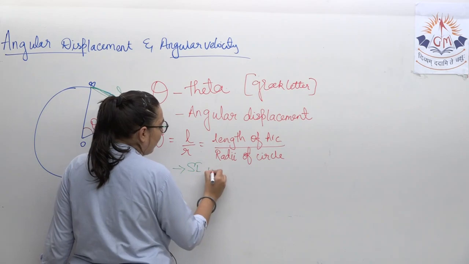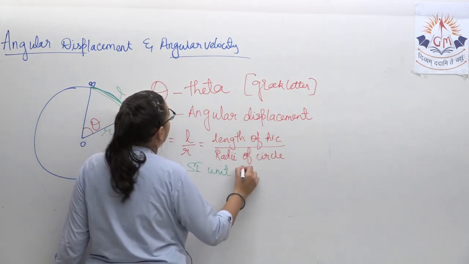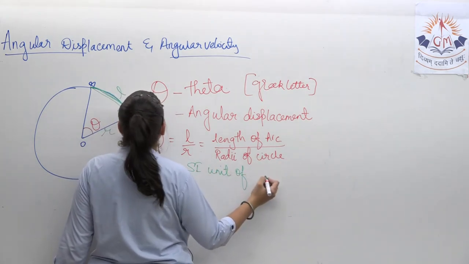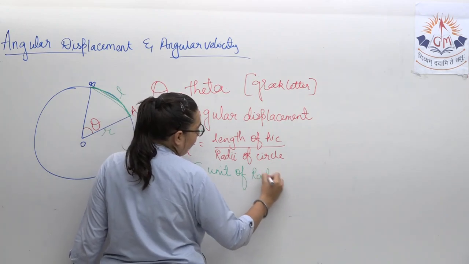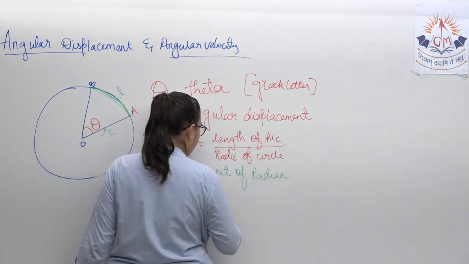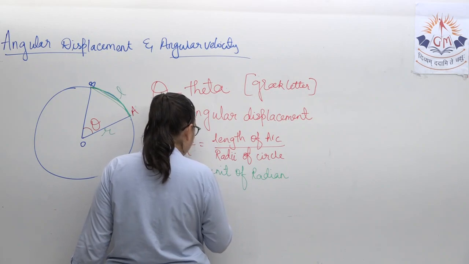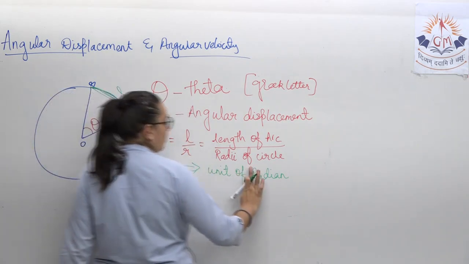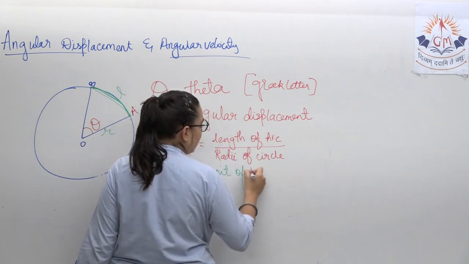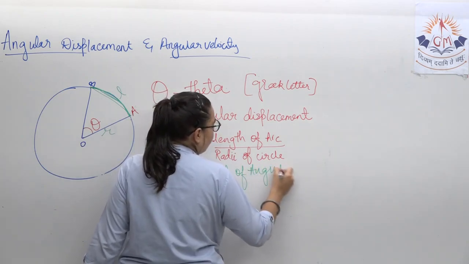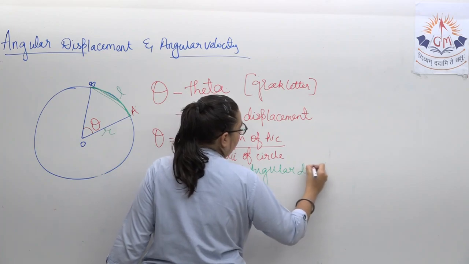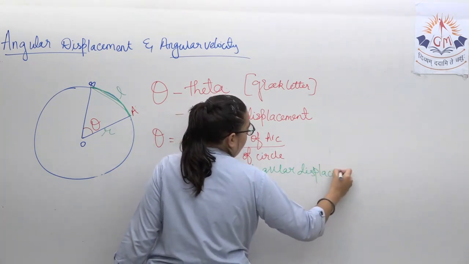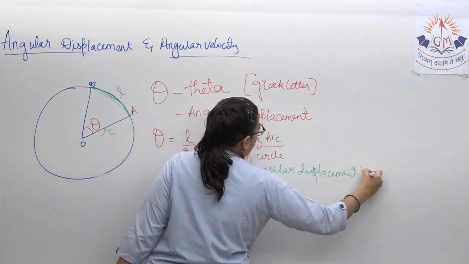What is the SI unit of this angular displacement? It's radian. You have to remember this: the unit of angular displacement, because it is an angle, is radian.